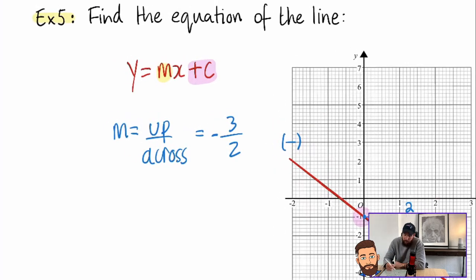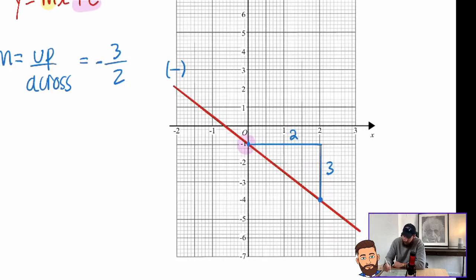What does it mean? It means every time you go across 2, you go down 3. And I know it's down because it's negative. And we've just seen that there. Every time you go across 2, you go down 3. And if I started my triangle here, it'd be across 2, down 3, across 2, down 3.